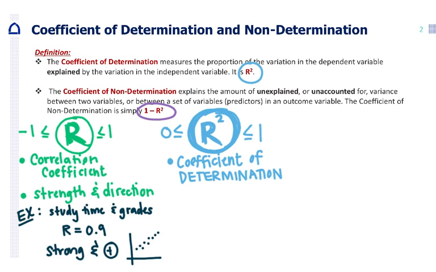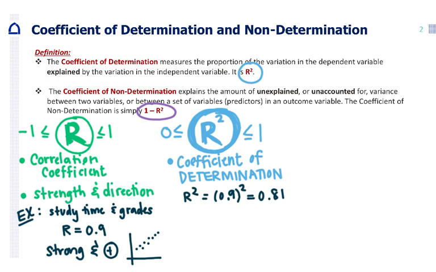Let's go back to our example of grades and study time. R squared in this example would be 0.9 squared, which would be 0.81, which fits what we predicted. It would always be a number between 0 and 1. And what does it mean? That's the real question.